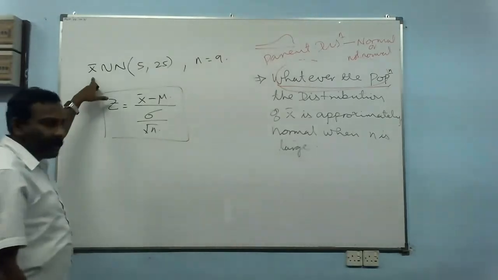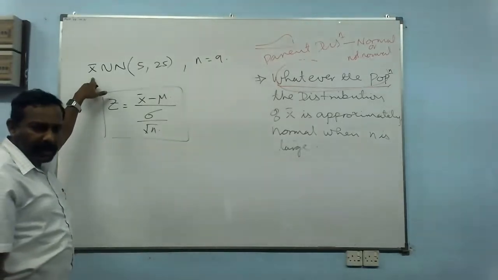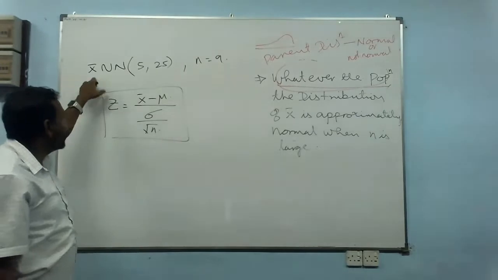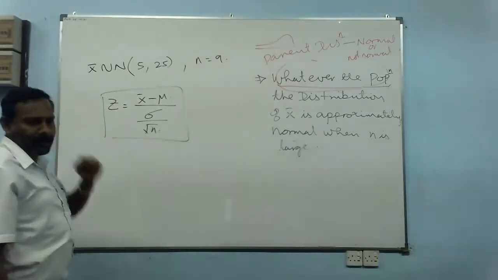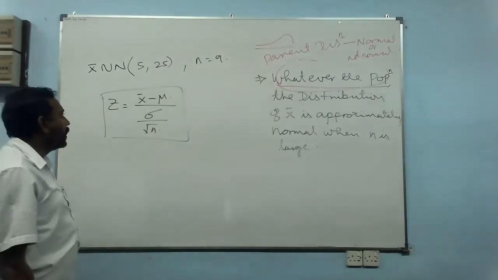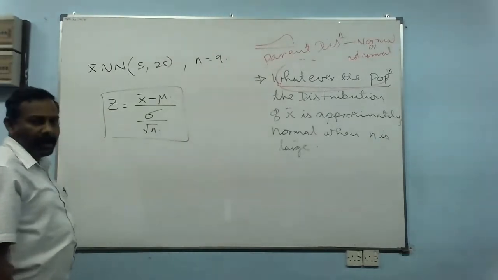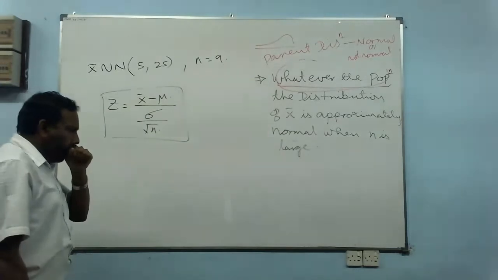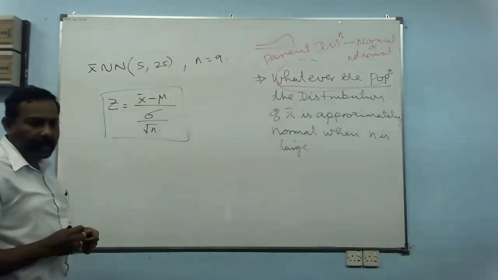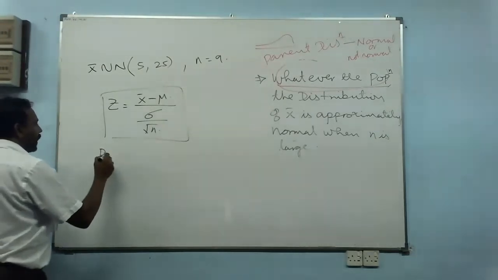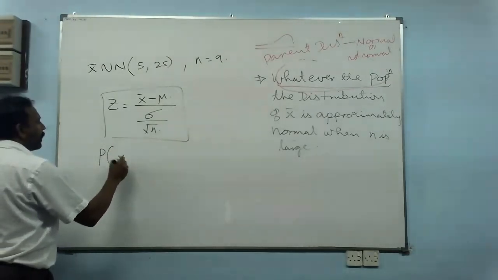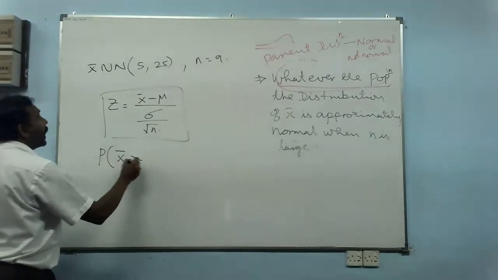If you want to convert a sample mean, this is how we do the conversion. So make a note of it. So this is how we can write down the Z conversion.